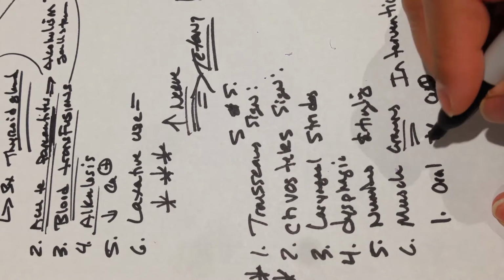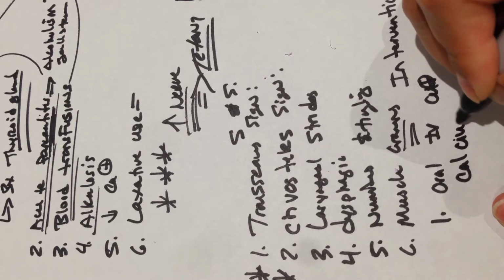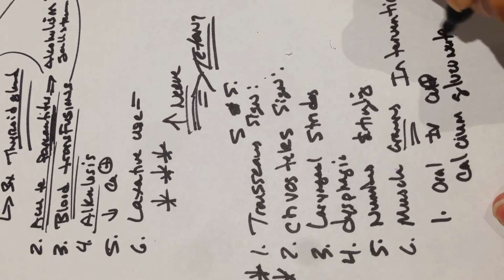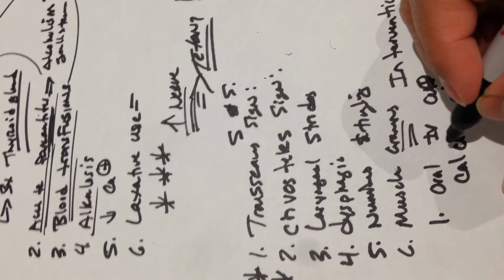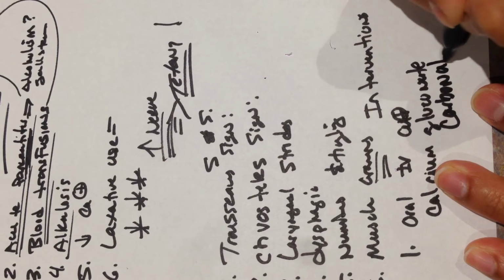If you're giving IV, you would give something like calcium gluconate. If you're giving PO, you'd give something like calcium carbonate.